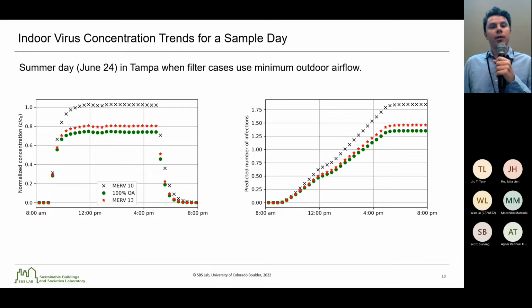And so for this case, we see that the use of MERV 13 filtration can reduce the predicted number of infections by about 40% compared to MERV 10 filtration. And then the decrease from MERV 13 filtration to 100% outdoor air is actually somewhat small, I think about 5%.